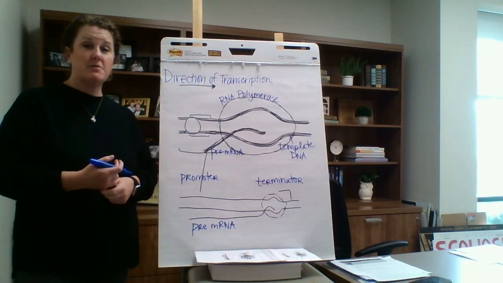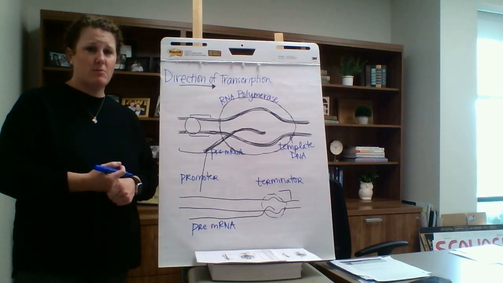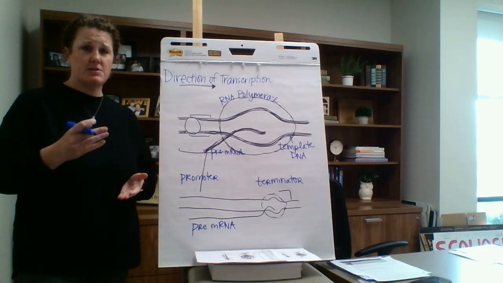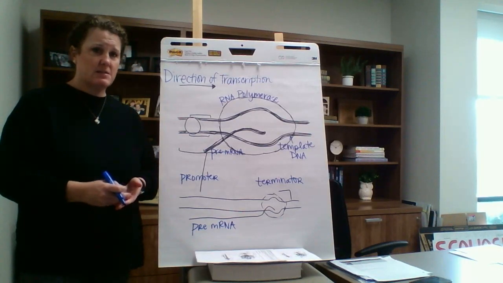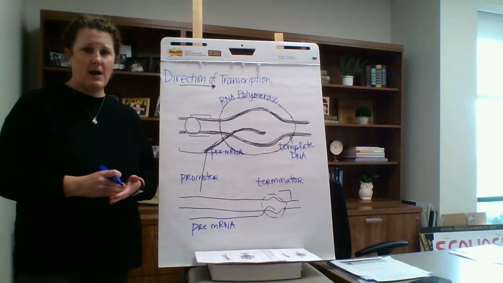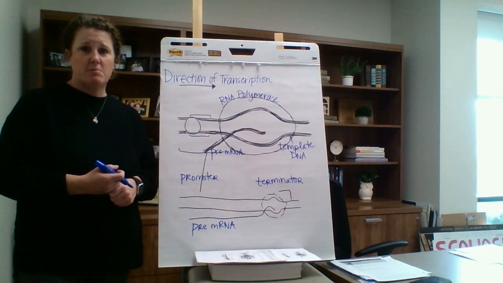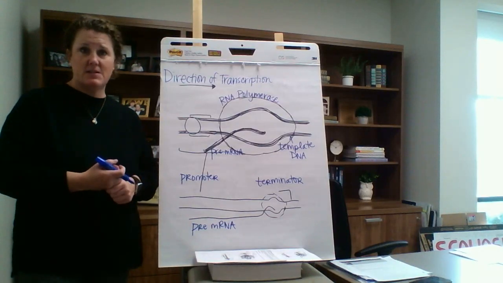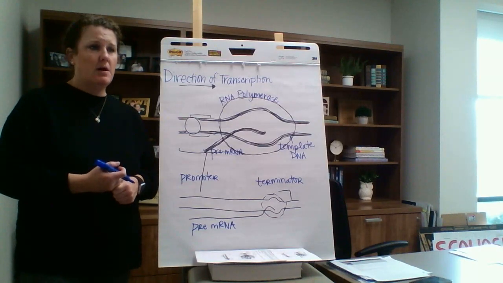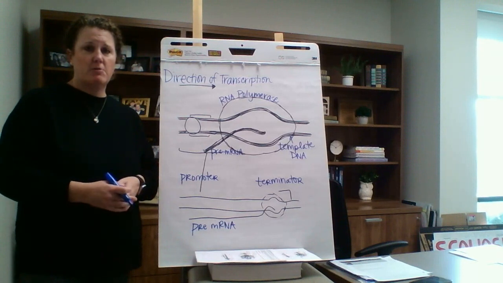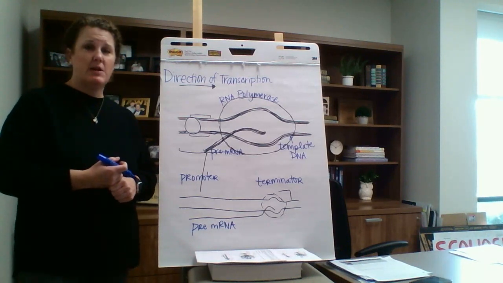So you have to understand that this is a highly regulated process. When it comes to DNA replication, when it comes to protein synthesis, all of these processes are highly regulated. And to be honest, not always fully understood, because if they were, we'd be able to cure diseases probably a lot better. Why do we make too much of a protein? Why do we not make enough of a protein? A lot of times it comes down to gene regulation.